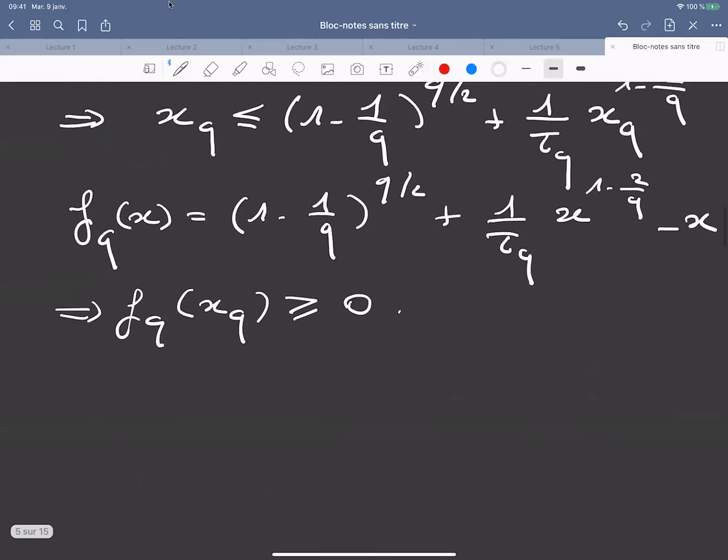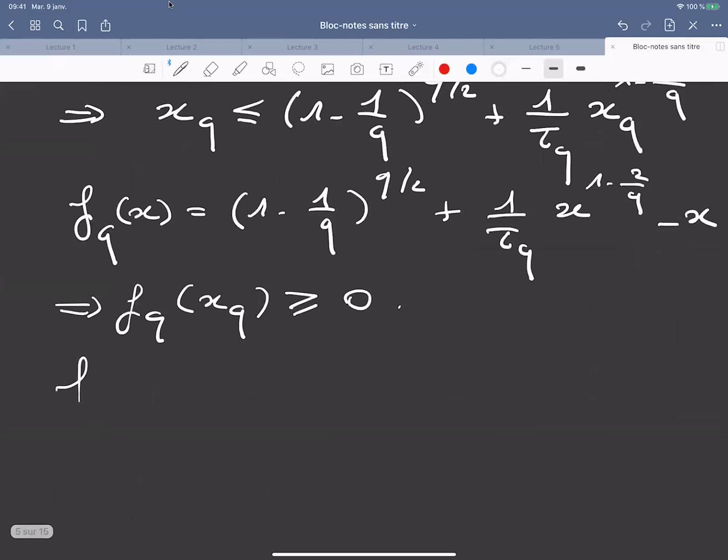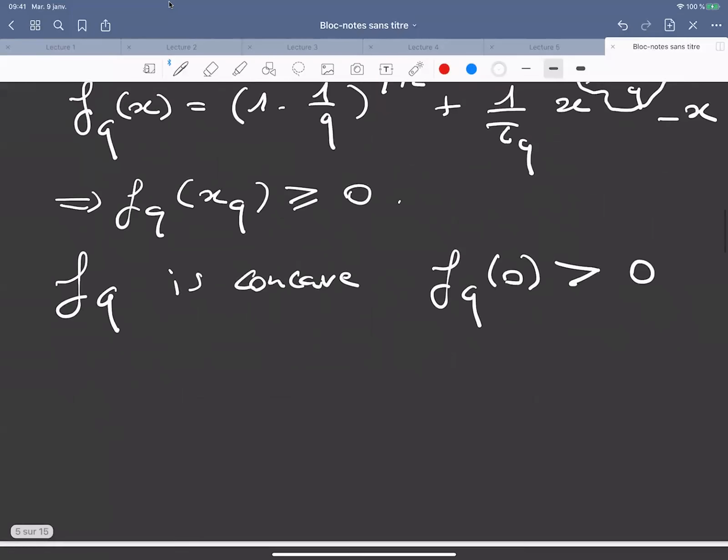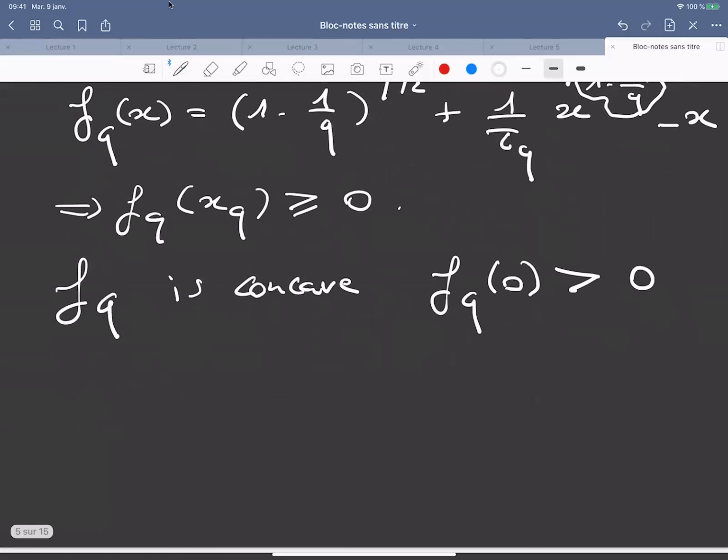And now the function fq, it's easy to check that it is concave. The power which appears here is less than 1. So fq is concave. Fq at point 0 is positive. And so the function fq has this shape. It's like that.